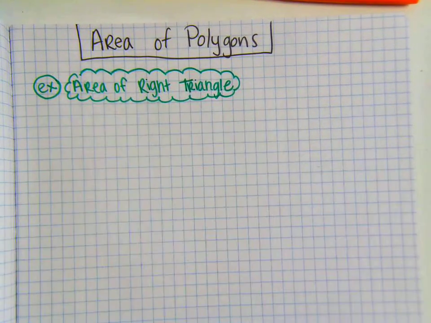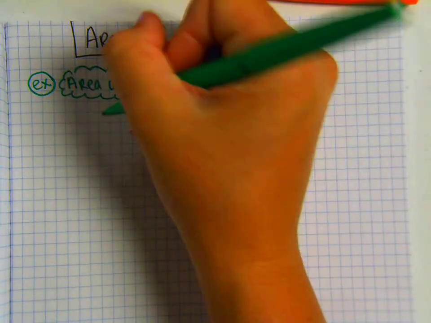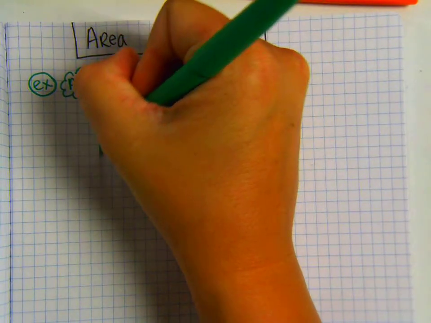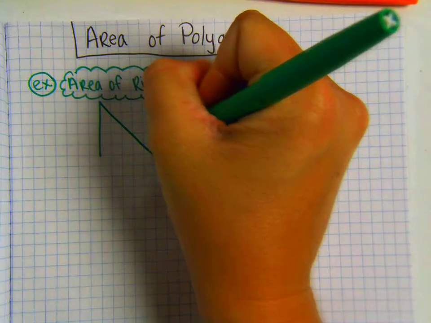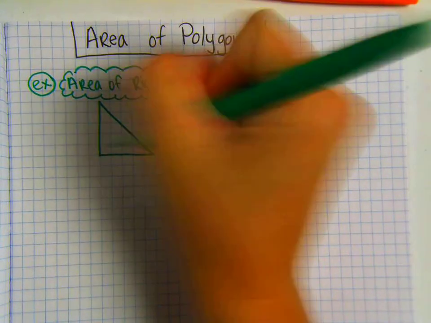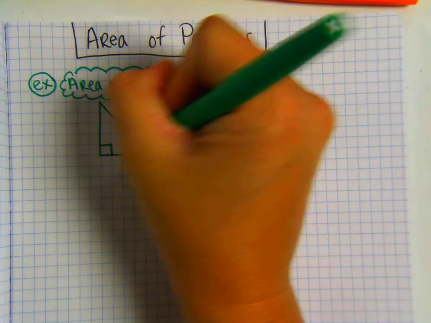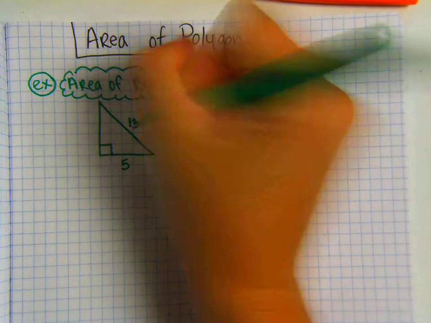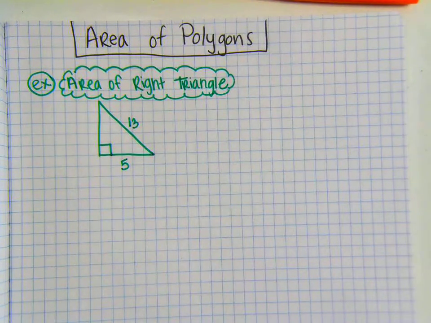Okay, so area of a right triangle, and it could look like this. And we would need to find the area of that.